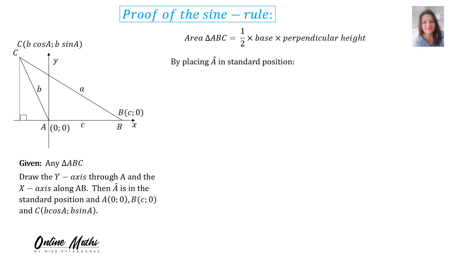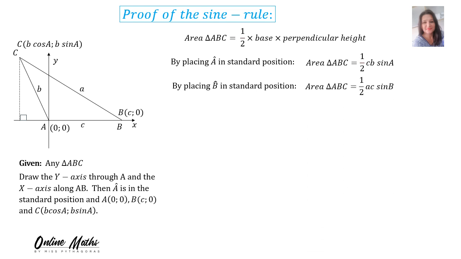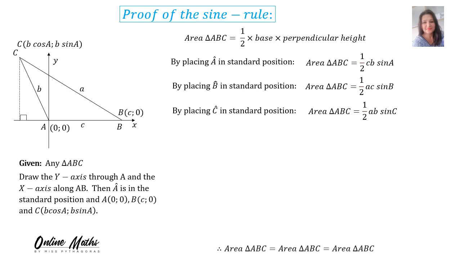By placing A in standard position, you can write the area rule as area of triangle ABC is half CB sin A. By placing angle B in standard position, area of triangle ABC is half AC sin B. And by placing angle C in standard position, the area of triangle ABC is half AB sin C.